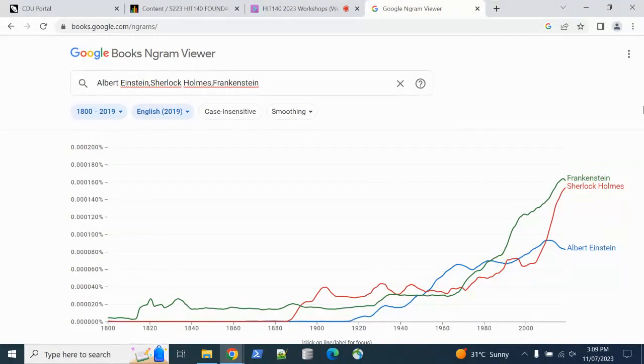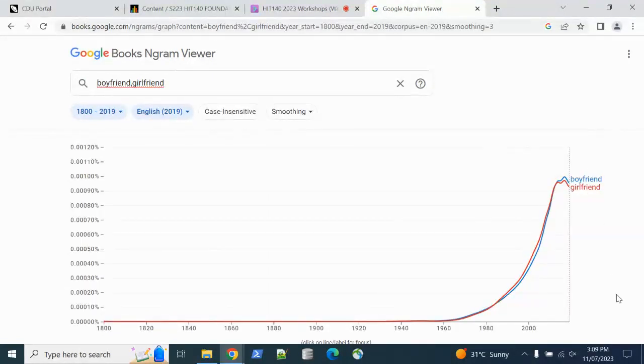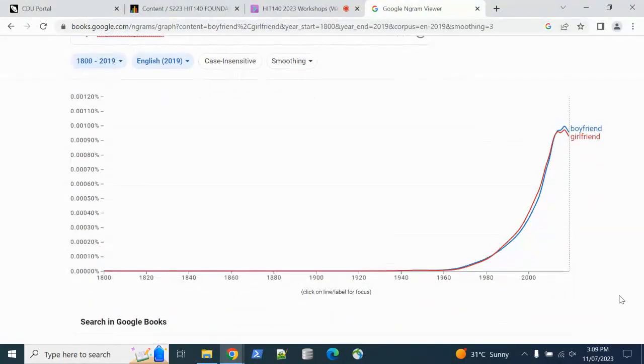So the topic is, when did the terms boyfriend and girlfriend come about? Or when did people start to use these terms? It's in the 1960s. So it's pretty close to what Matthew said, pretty close to 50s.